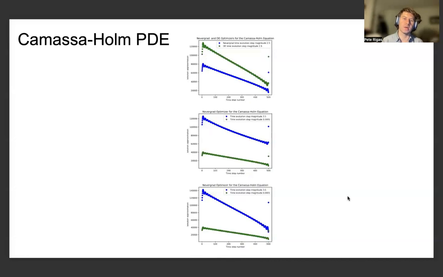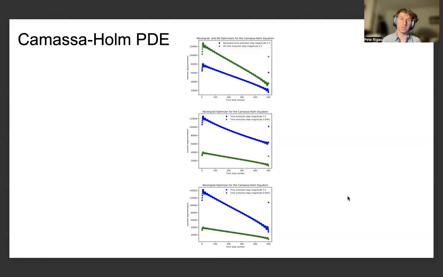If we look at the Komatsu-Horn PDE, I've demonstrated some properties of this third order partial differential equation in other seminar presentations on the channel. But we can observe that for some class of initial conditions, the readout that we obtain from the PDE and the measurements that we extract can be almost like a linear function, which can decrease with respect to the time step number.